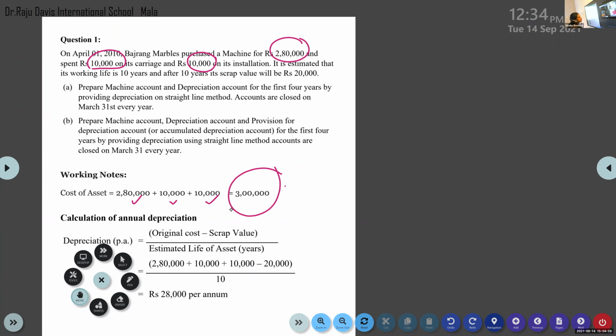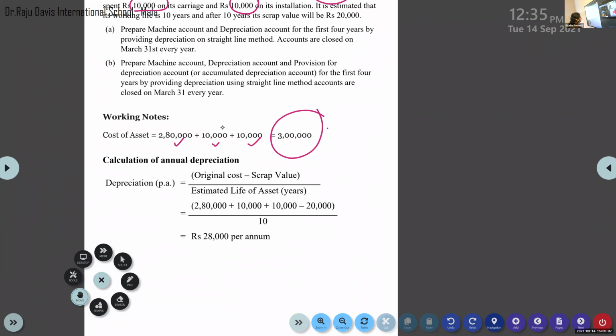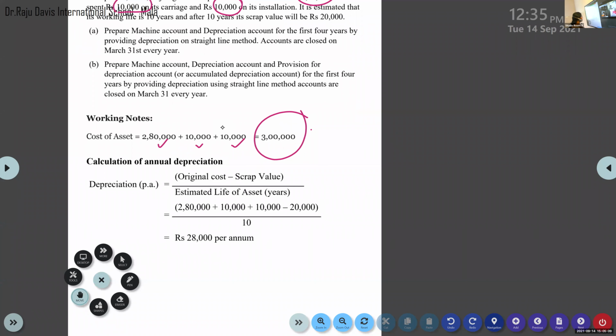It is given in the question. So you are provided with all the details. So that is the next thing to do. Depreciation is equal to original cost minus scrap value divided by estimated life of asset. I hope you are doing it. Question number 1.